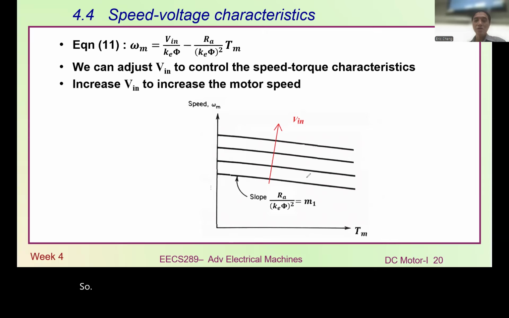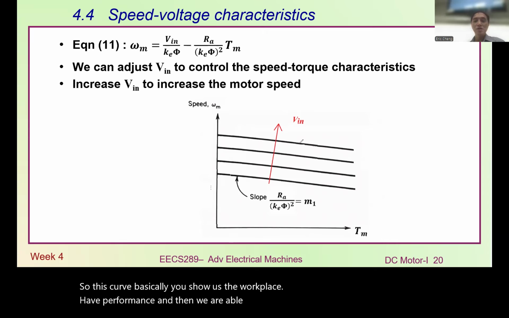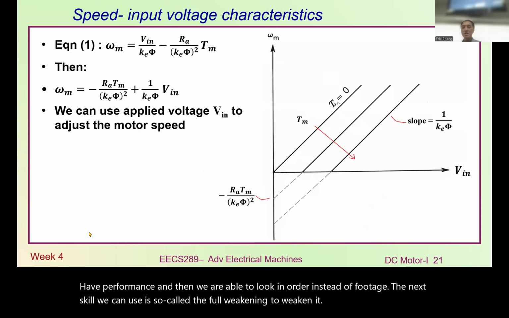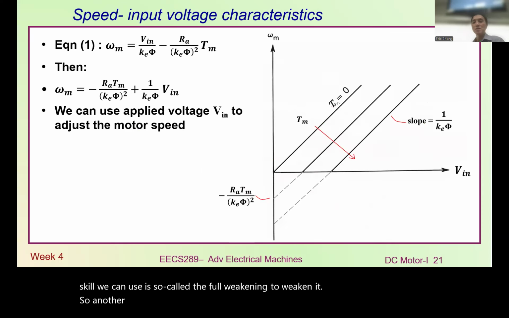This curve basically shows us the voltage performance. And then, instead of voltage, the next scale we can use is the so-called field weakening to weaken it. So another characteristic we can see will be like that.